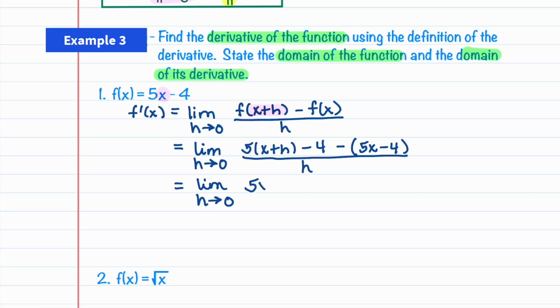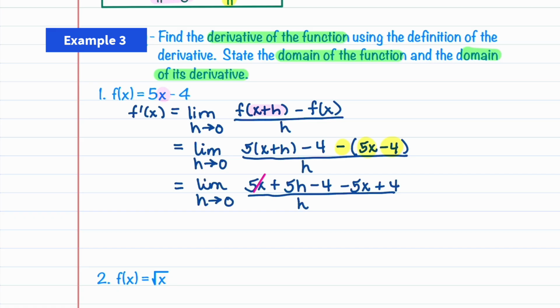This is 5x plus 5h minus 4 minus 5x plus 4. Make sure that you carry this negative through to both this term and this term. And then all of this gets divided by h. Now let's see if we have anything that cancels.